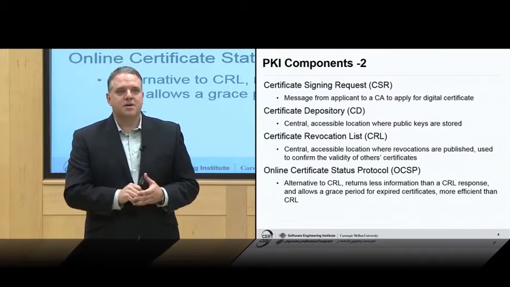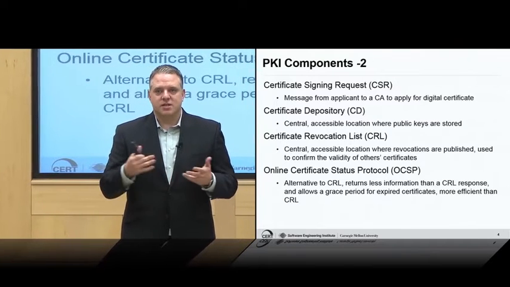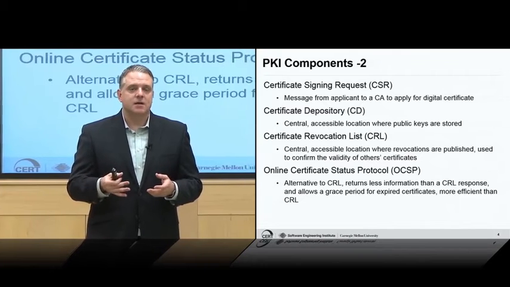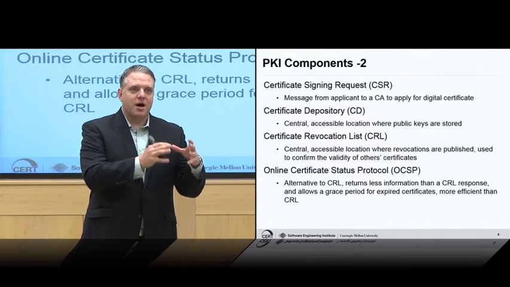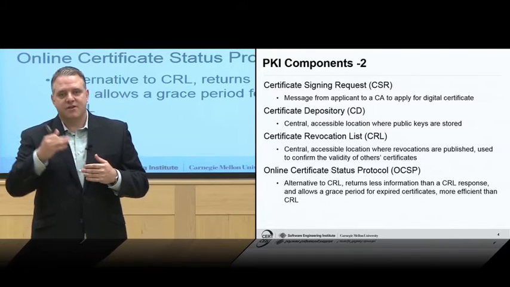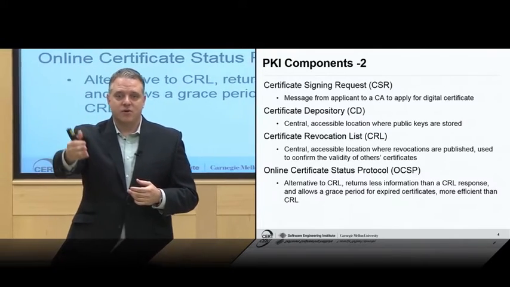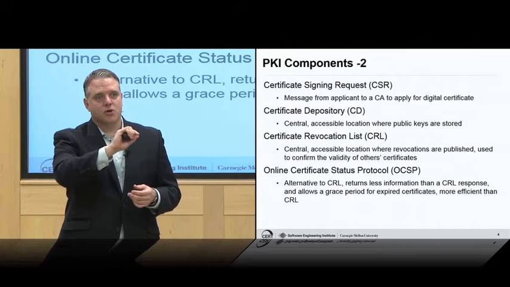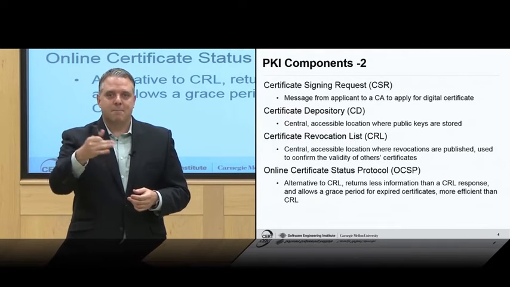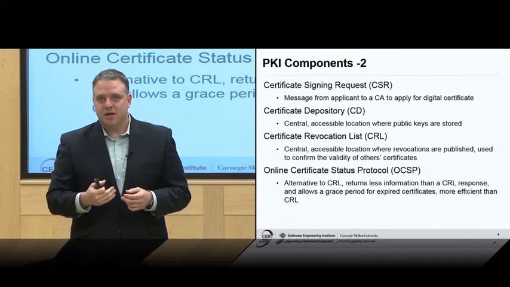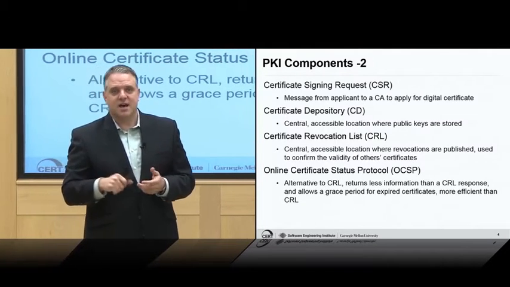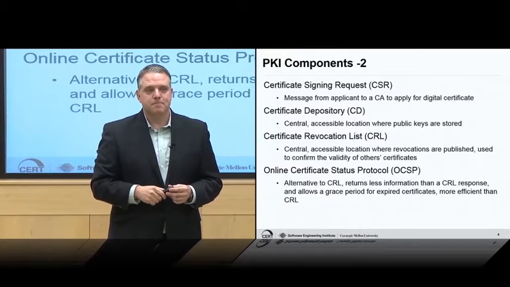A certificate depository, you usually see these through OpenPGP or something like that, is a central repository of public keys. So rather than me having to share my key with you ahead of time, you can just go to the repository, grab my public key, and send a message to me. That's how you can communicate with me securely without us having discussed anything before.